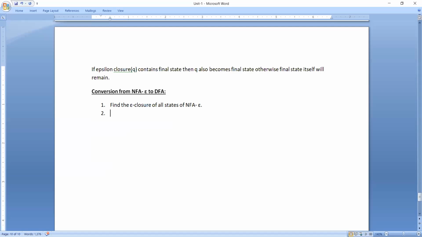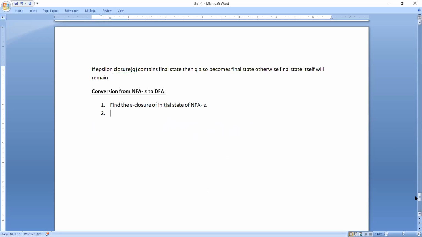Not for all the states, epsilon closure of the initial state of NFA epsilon. Now, whatever states we get as a result of the epsilon closure, from there we need to start the transitions.